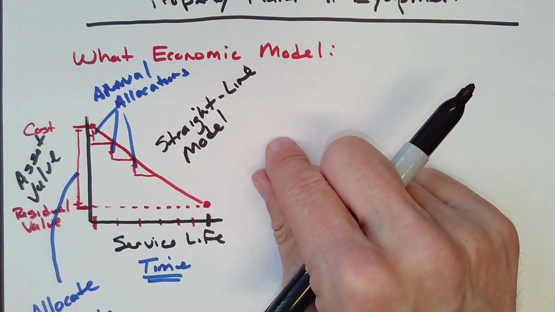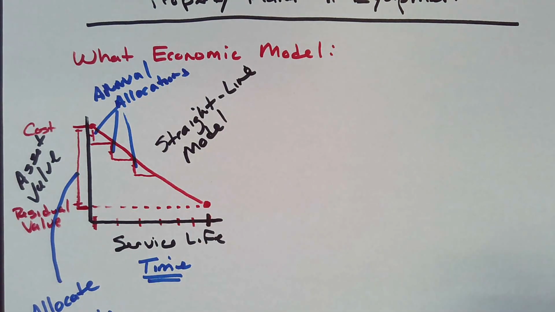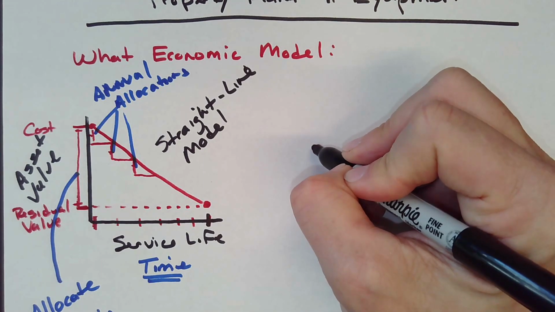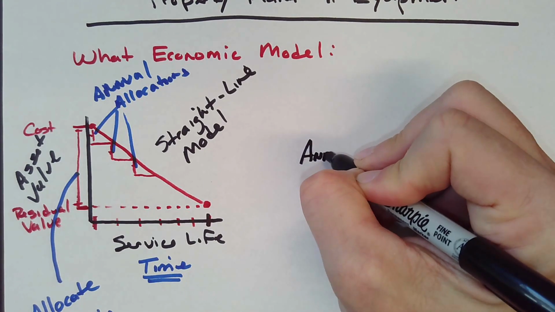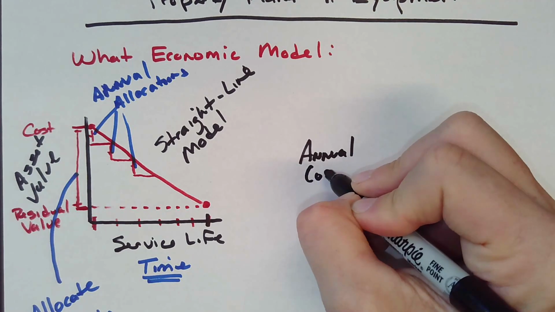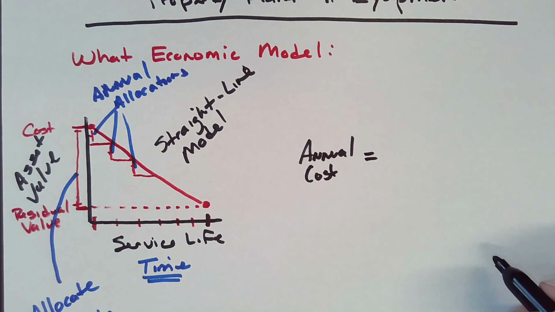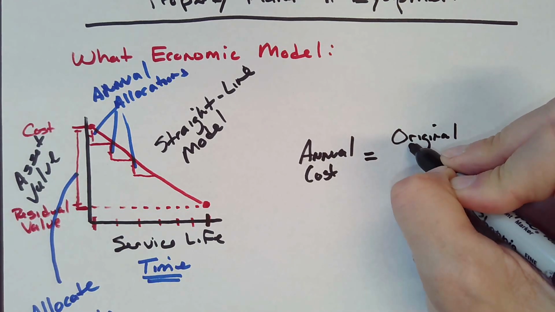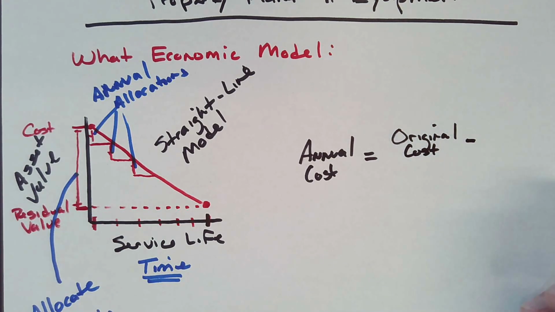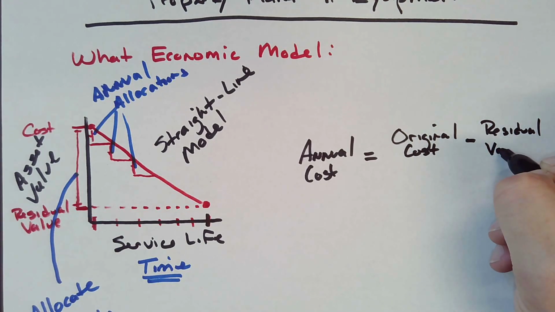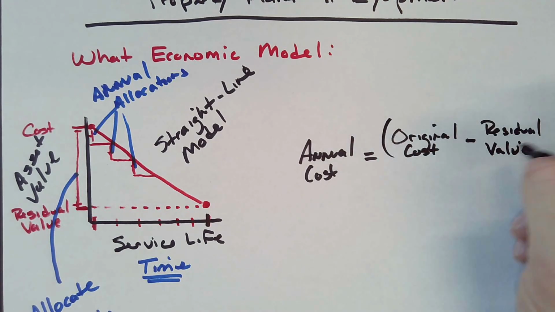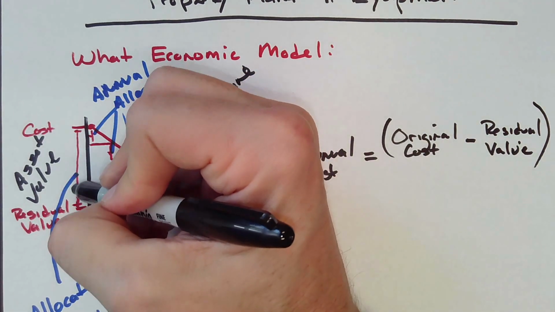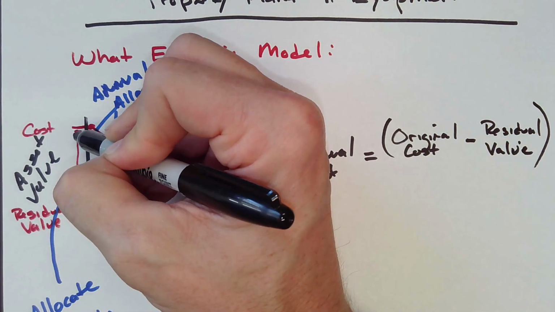So what I do here is, if I'm trying to figure out my annual cost, it is going to be equal to the original cost minus the residual value. That's this total amount right there.